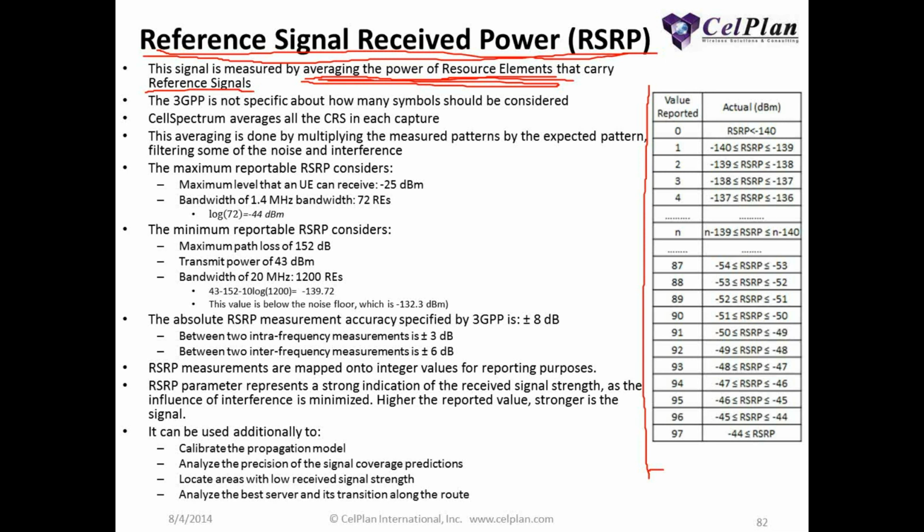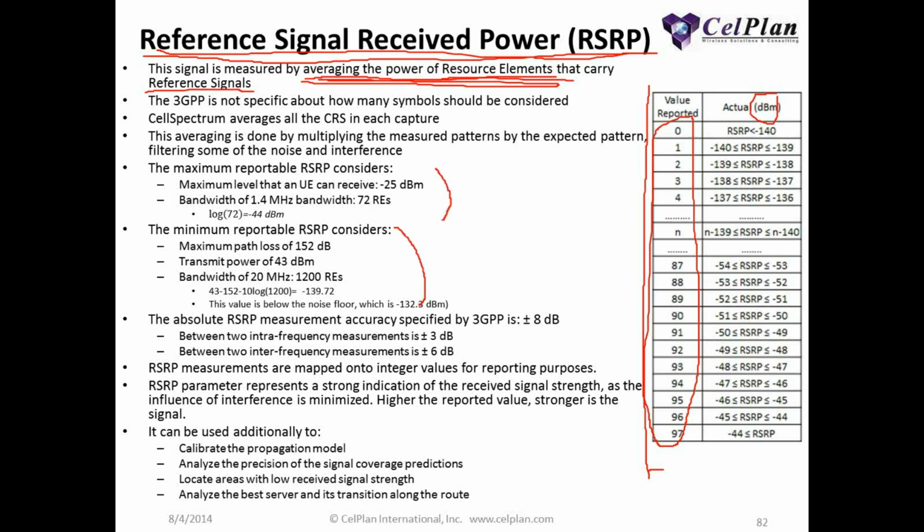So we can either represent the RSRP in dBm, or we can represent it in 3GPP values. Here I show the calculation of the maximum value that you can measure and the minimum value you can measure.